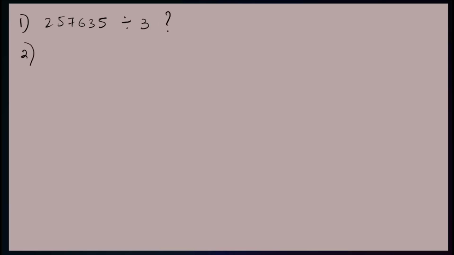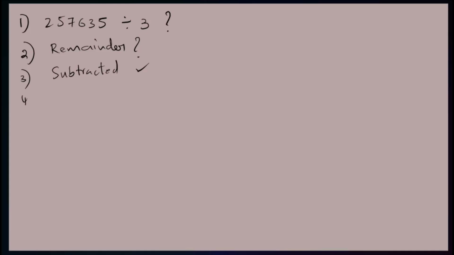The second type of question is, if it is divisible, definitely the remainder is 0. If it is not divisible, what could be the remainder? So they'll ask you what is the remainder when it is divided by 3. The third type of question would be, what should be subtracted from the given number so that it is divisible by 3.